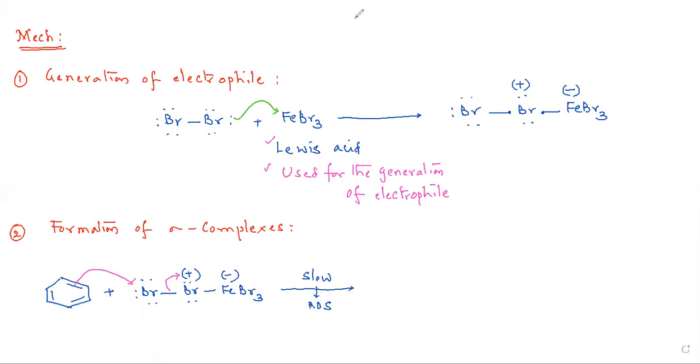You can actually show it this way also. If you want, you can take it here, a negative charge, a positive charge. Now the negative will attack, sorry, not that. The negative will attack this. Even this way also is okay. In fact, the thing what I have written in the beginning says the same.